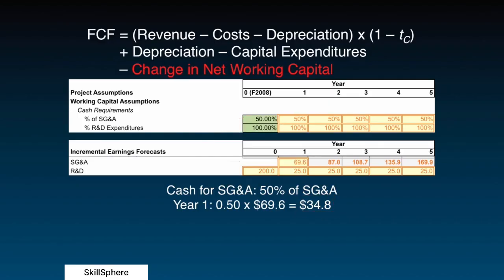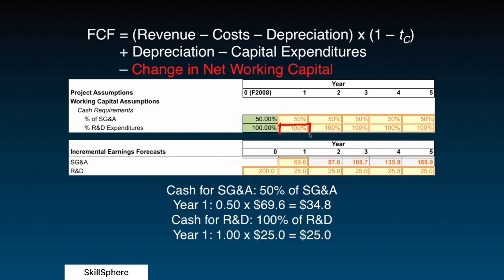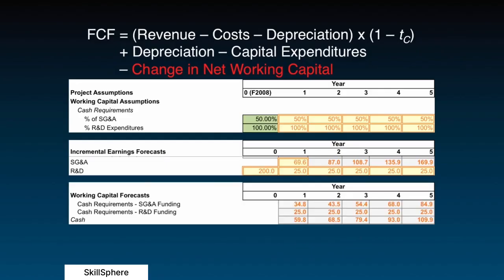But we're also going to need 100% of our R&D expenditures, 100% of the $25 million, or $25 million. We're also going to need to hold that in cash. Right? So our cash requirements are the sum of these two and are given by this row. And again, we're just going to repeat that year by year for 2, 3, and 4.